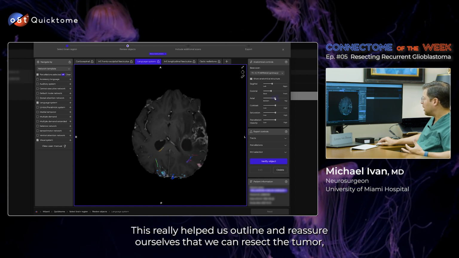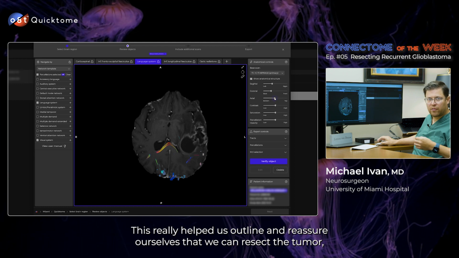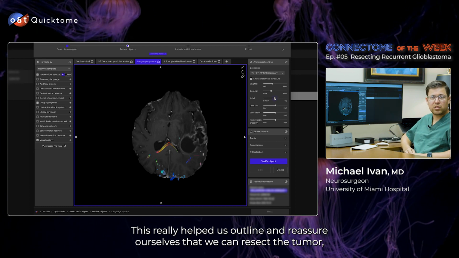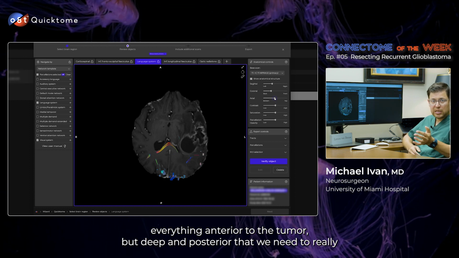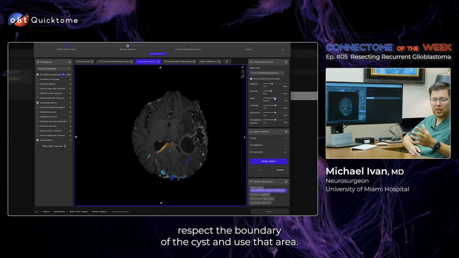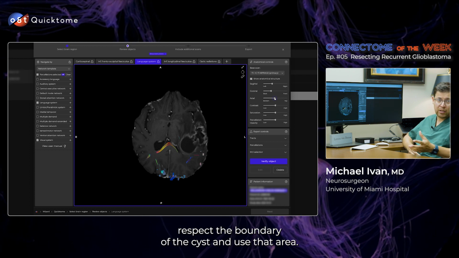And so this really helped us outline and reassure ourselves that we can resect the tumor, everything anterior to the tumor, but deep and posteriorly we need to really respect the boundary of the cyst and use that area.